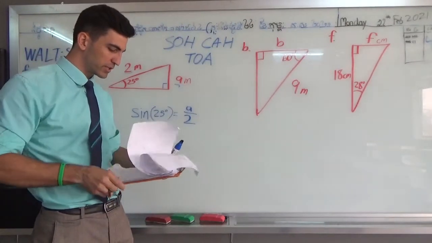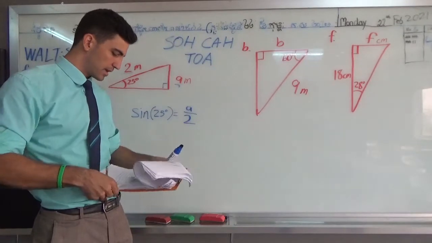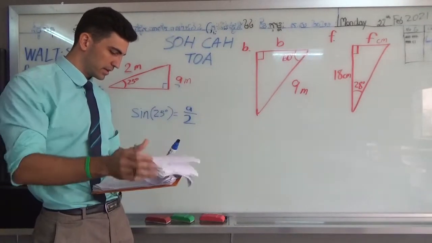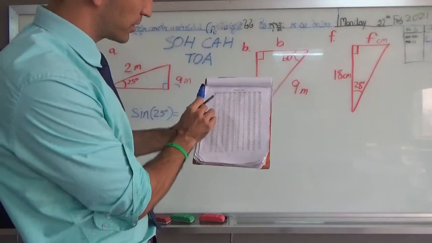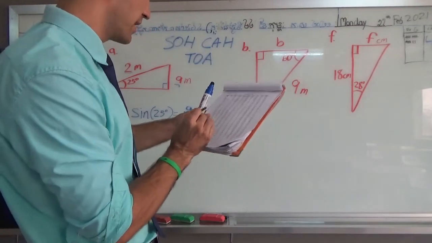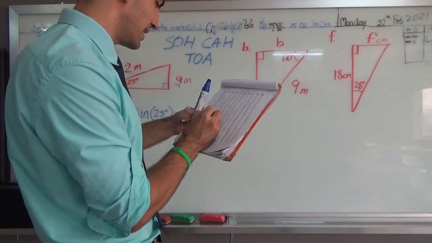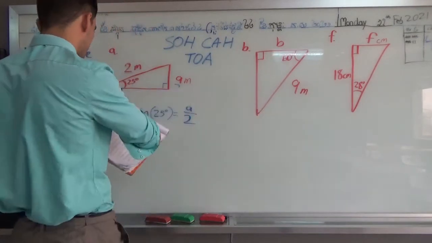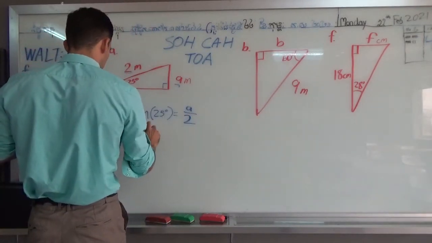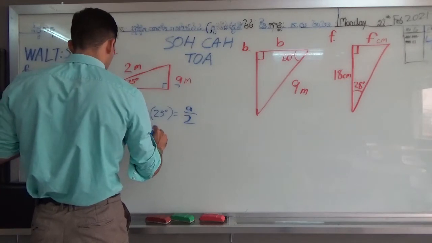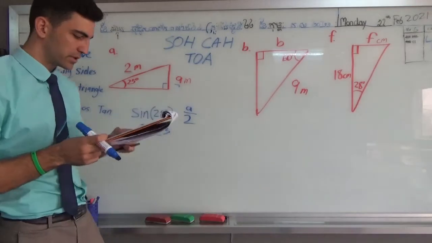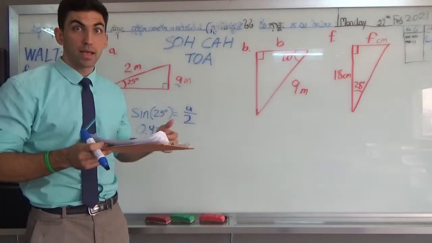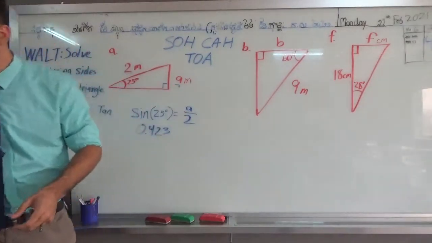If I want to use my trig chart, I will use my trigonometry table. I will go down to angle 25, and I will see that the sine is given to us as 0.423 given the trig table.